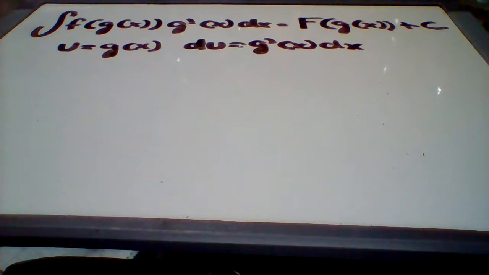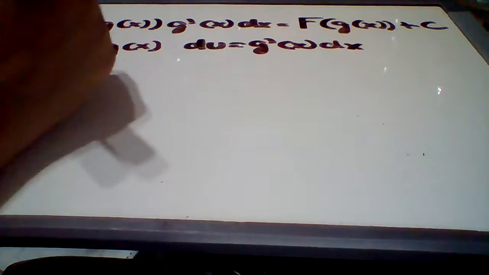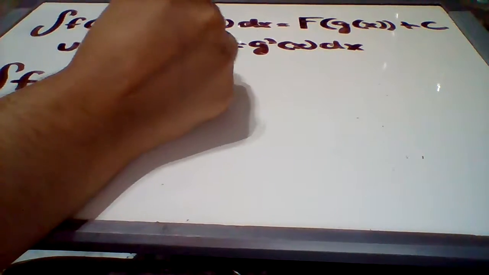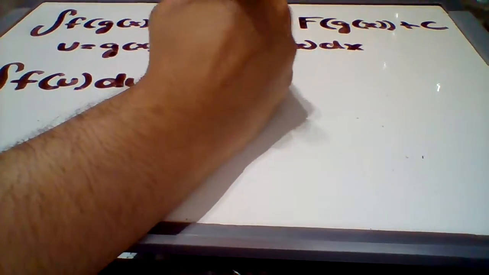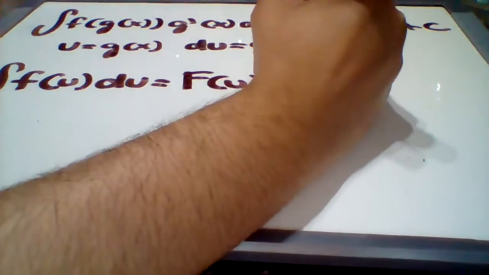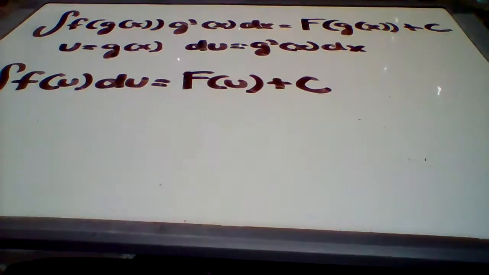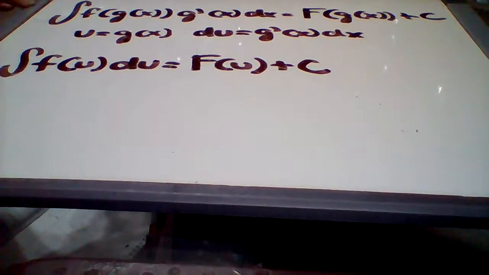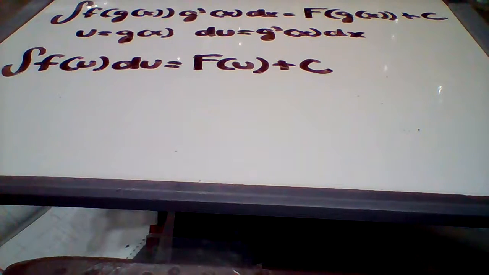And if I substitute both of those into this, I get the integral of f of u du equals capital F of u plus c. So that's basically the definition. So I'm going to do a problem to explain this better.